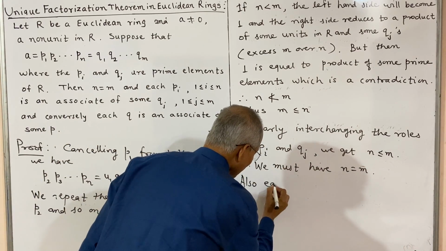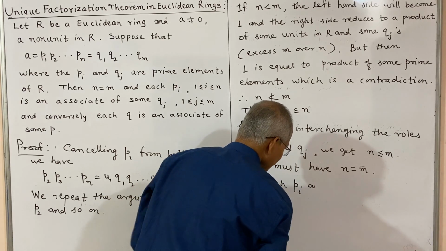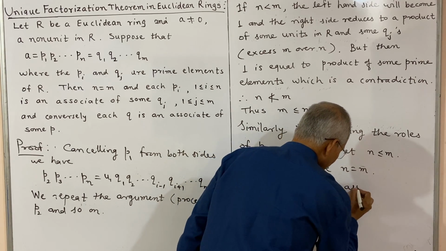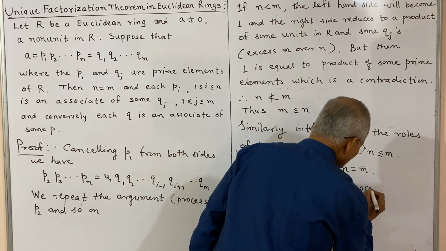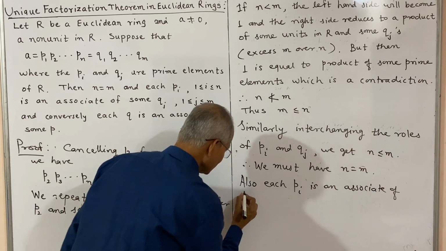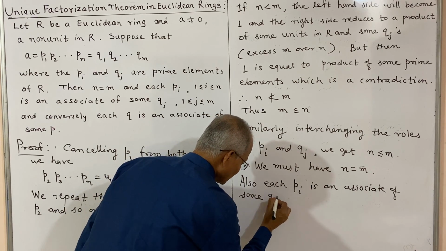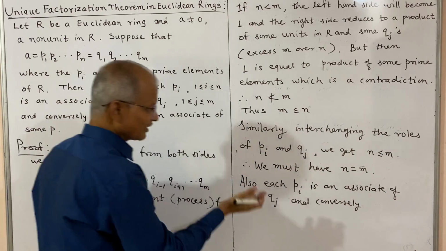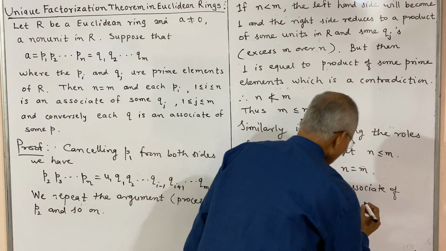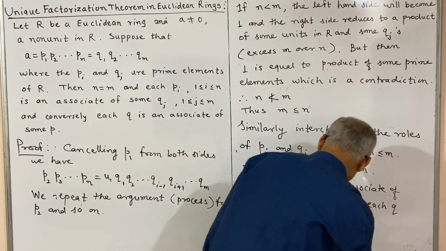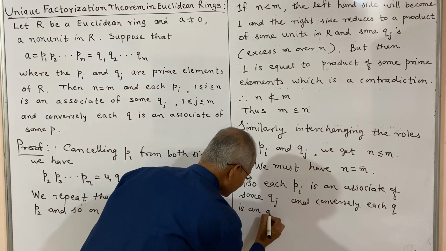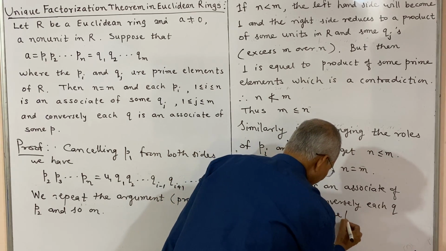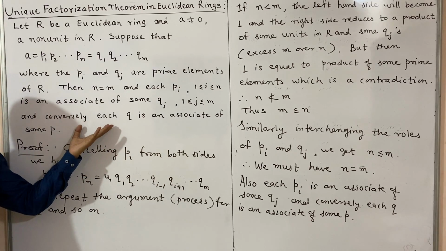Also each Pi is an associate of some Qj, and conversely, interchanging the roles, we get the converse part, each Q is an associate of some P. So this proves the theorem.